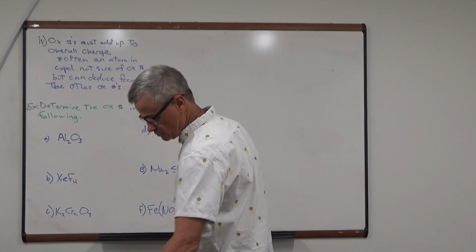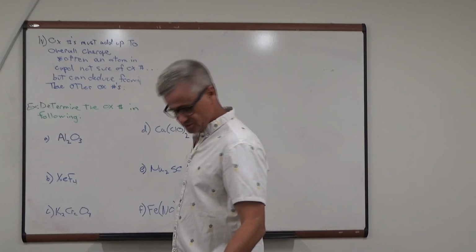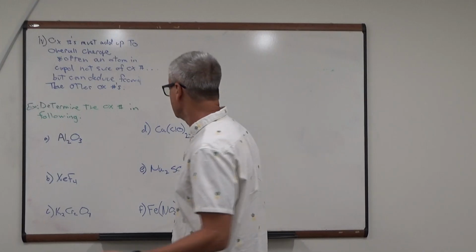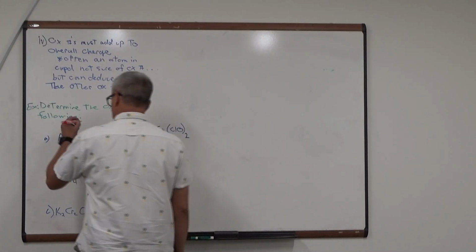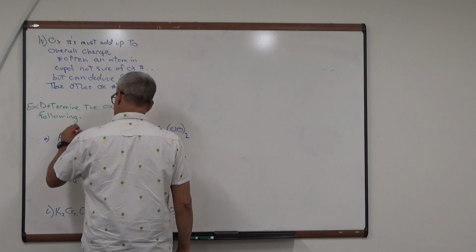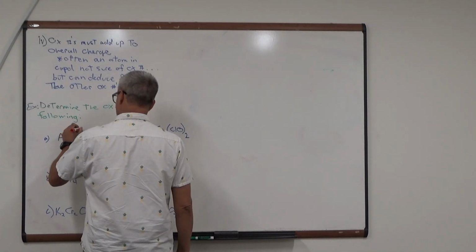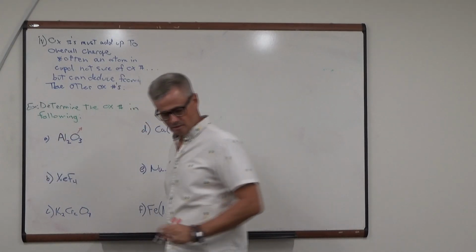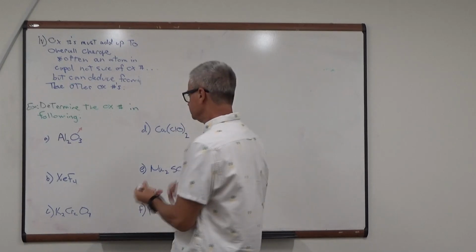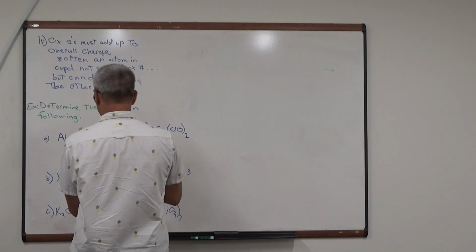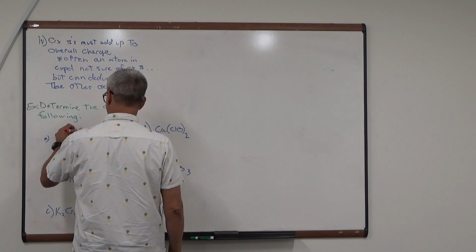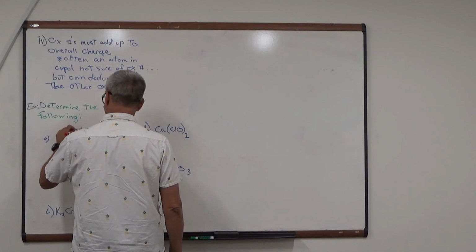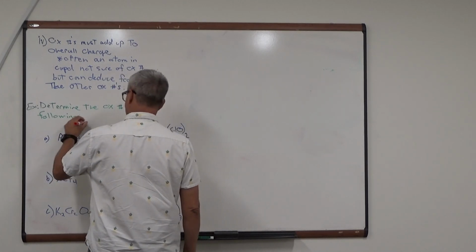On this first one, anytime you see oxygen, unless it's in hydrogen peroxide, that's a nice place to start. We know that each of these oxygens is going to be a -2 oxidation state number, so the total is going to be -6.